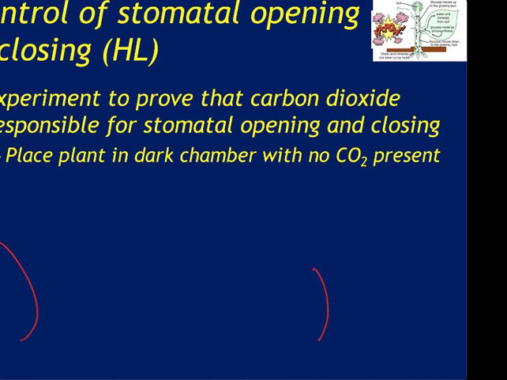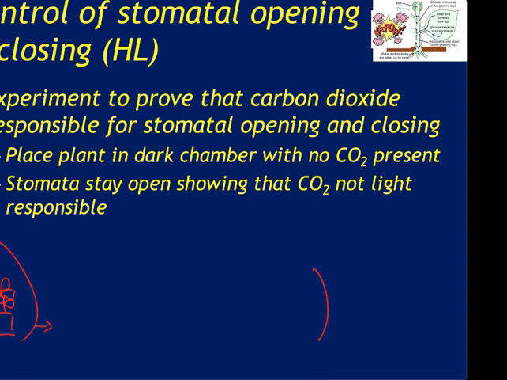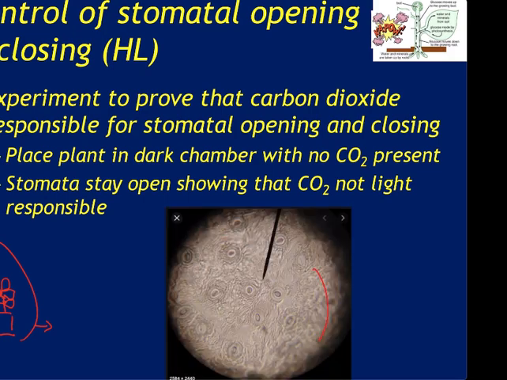You would obviously have air coming in, and you would have to have air being able to get out, but you'd literally leave your plant in here like so, and what you would find is you put your hands in there, find a leaf, put nail varnish on it, then get your sellotape and put the sellotape on a slide, and when you put it underneath a microscope, you would see that the stomata are physically open. So it is carbon dioxide concentration that determines whether stomata are open or closed, not whether light is present or not.